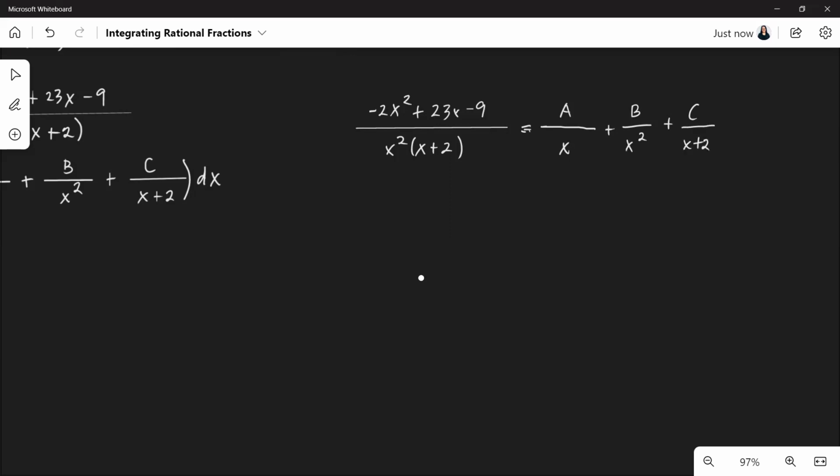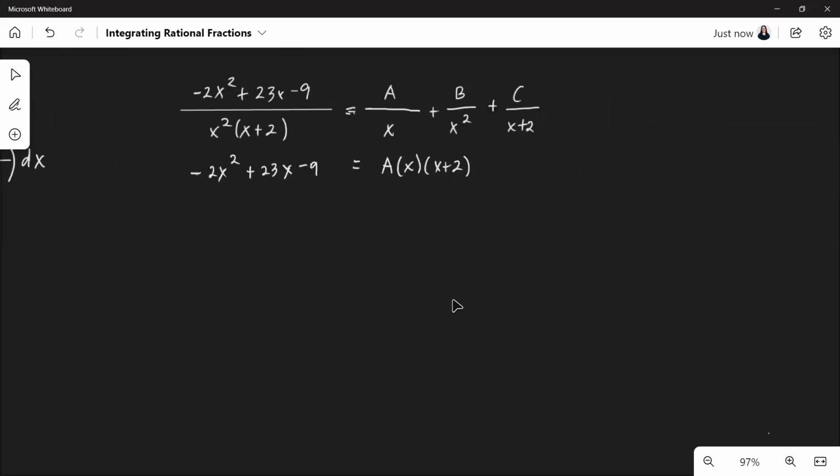So same process of multiplying the entire equation by the denominator so that the left side now becomes equal to the numerator. So the right side, we are going to multiply this first term with x squared and x plus 2. So the result would be x times x plus 2.